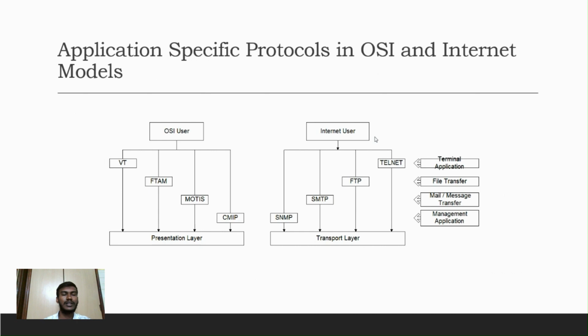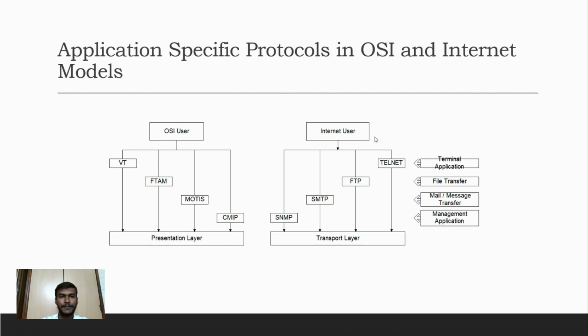Now let us look at the application specific protocols in OSI and Internet models. The OSI users and Internet users are represented as shown in the figure, and there are two layers that play a major role: the presentation layer and transport layer.